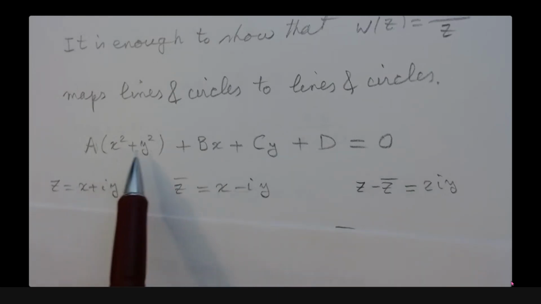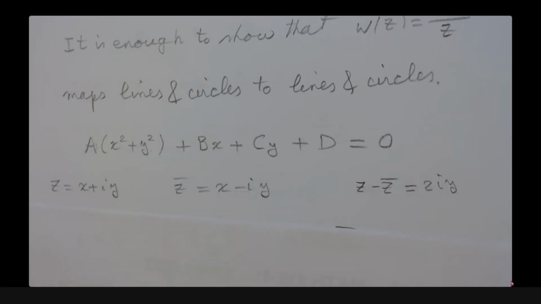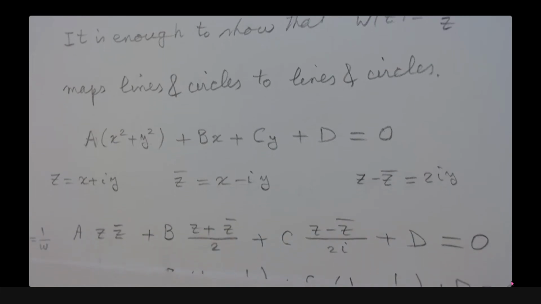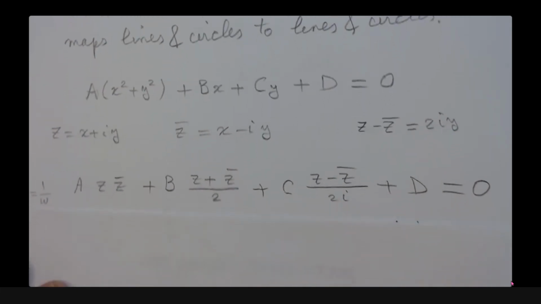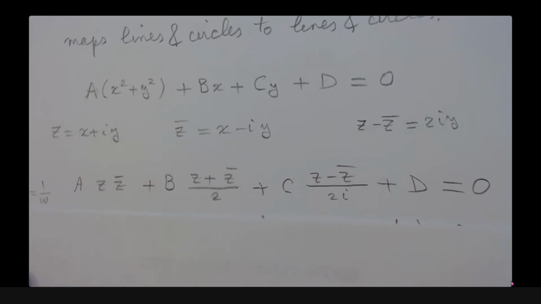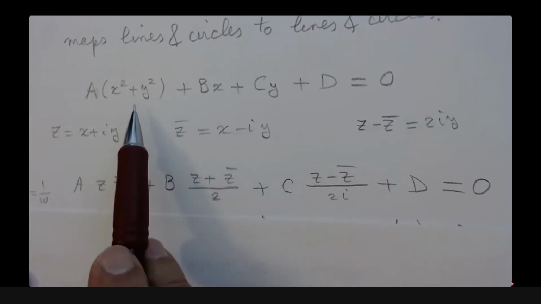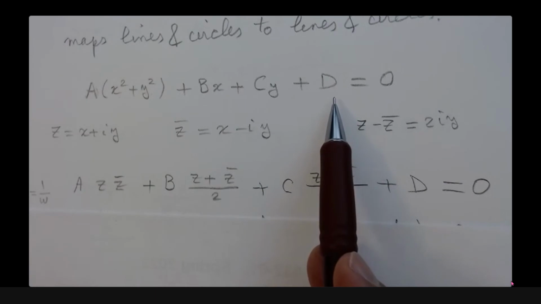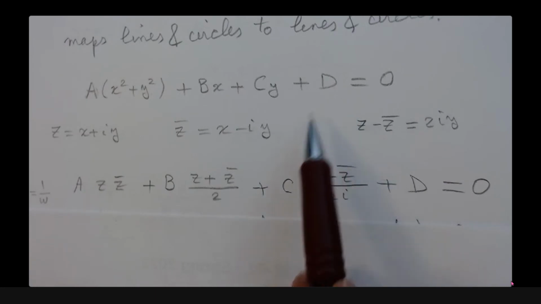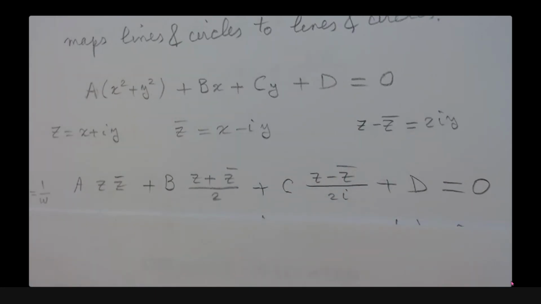And I will replace x squared plus y squared by z times its conjugate. This is what I get. So that equation, expressed in terms of z and z bar, becomes this equation.